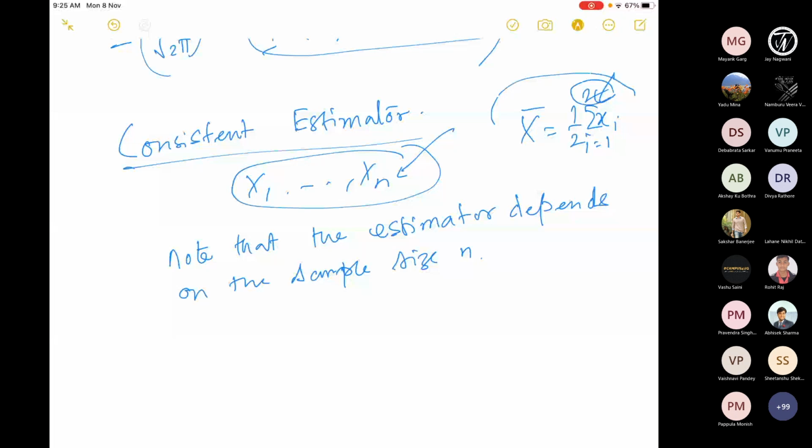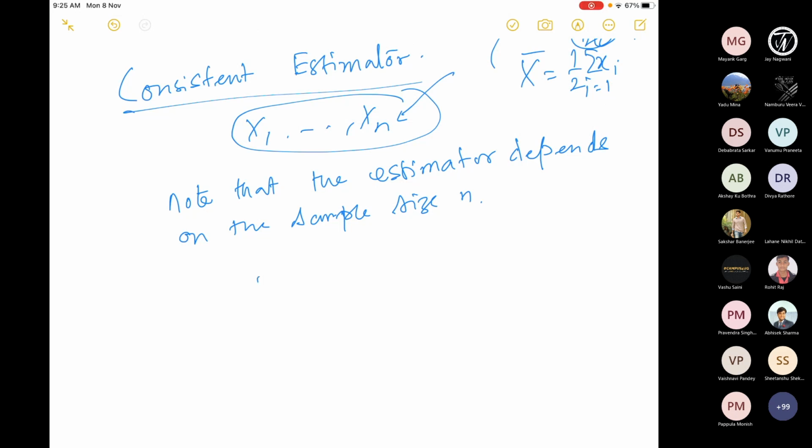So if I take i equal to 2, it will give me something. I equal to 3, it will give me something else. So obviously the way you are estimating the unknown parameter theta will change, and that will depend on the value of n. So now instead of writing theta hat as an estimator, we'll write theta hat n. This is the new notation for estimator.